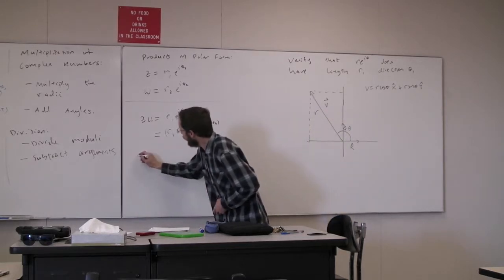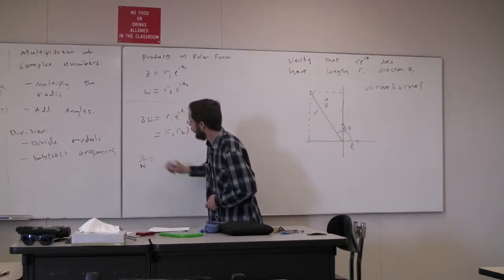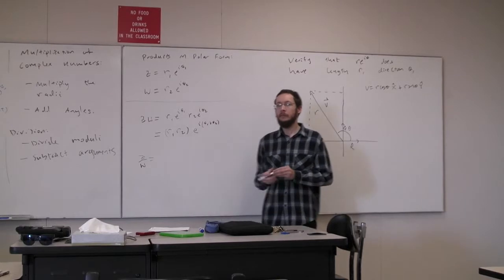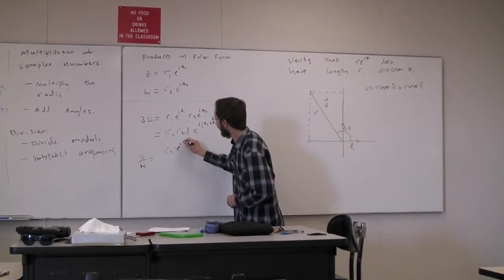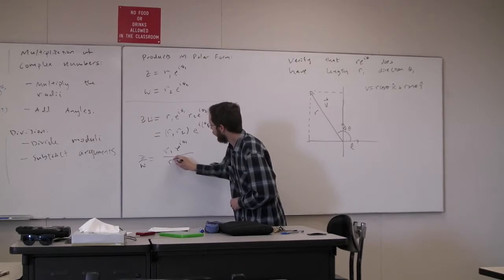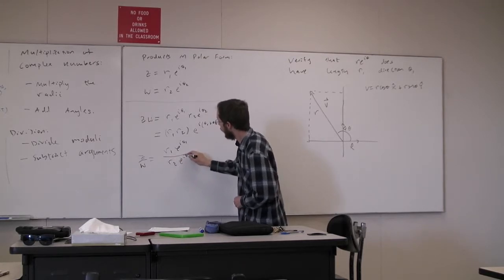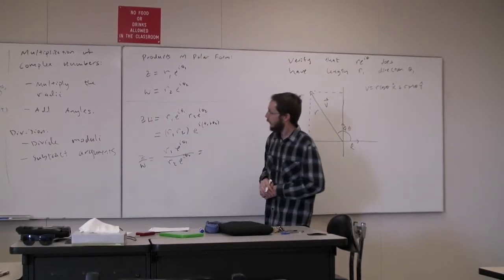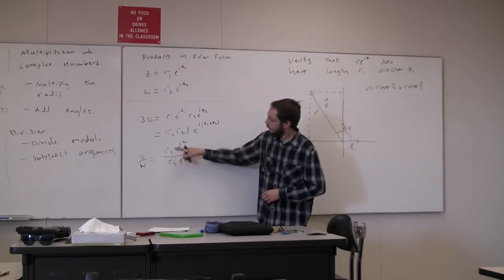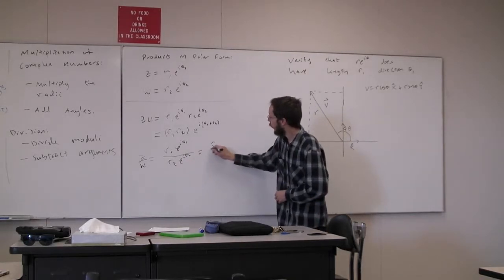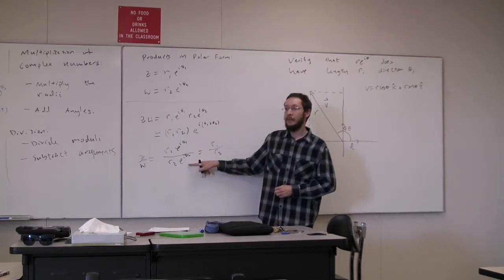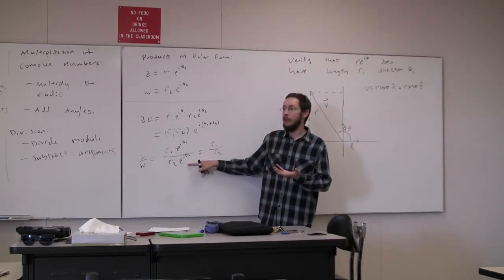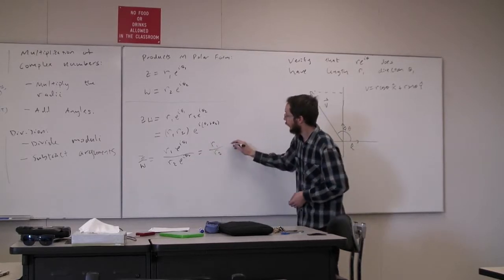Same thing with the quotient, z over w. z was r1 e to the i theta 1. w was r2 e to the i theta 2. And so, r1 over r2, that's the quotient of the two radii. e to the i theta 1 over e to the i theta 2, same base, so we can just subtract those exponents.